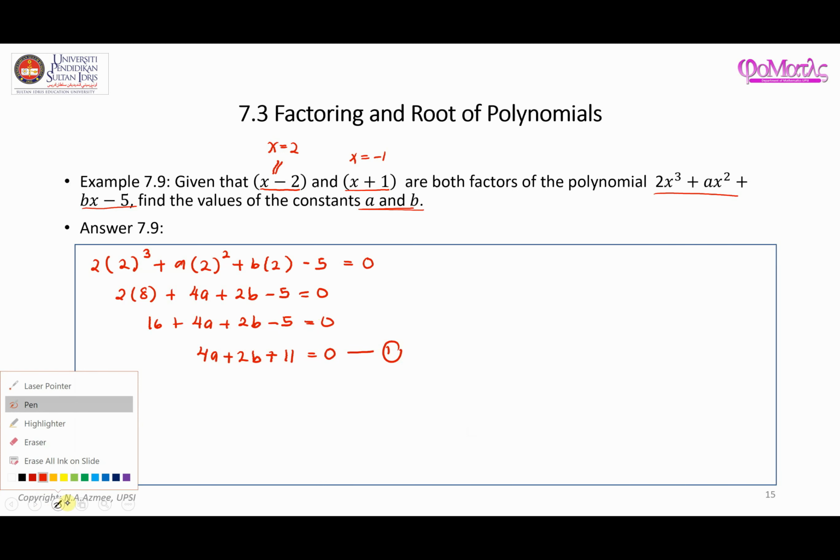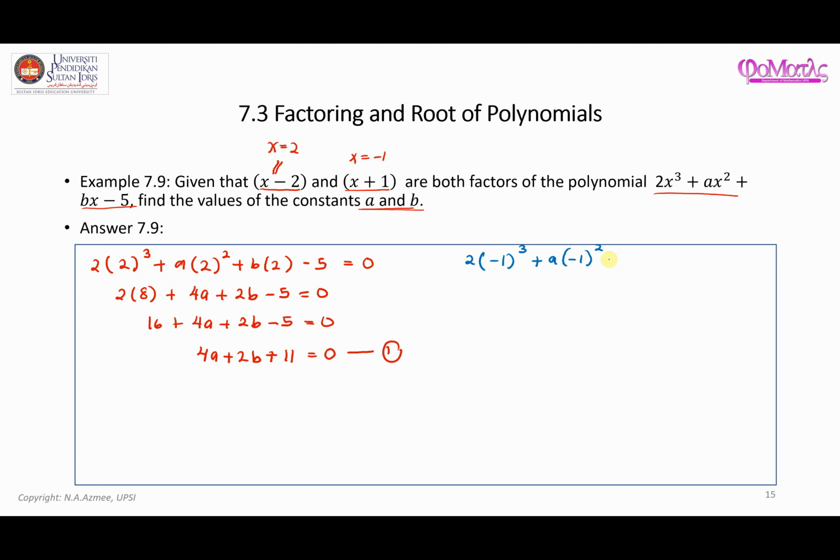Now next, we can substitute negative 1 into this polynomial 2x cubed plus ax squared plus bx minus 5, and the answer should also be 0. So 2 times negative 1 cubed plus a times negative 1 squared plus b times negative 1 minus 5, and the answer must be 0.